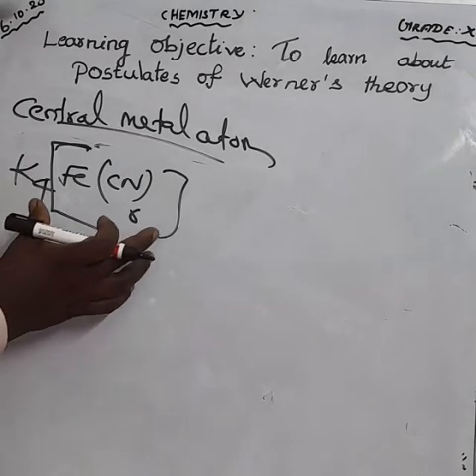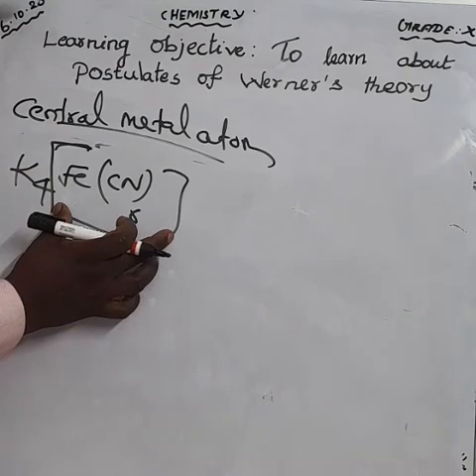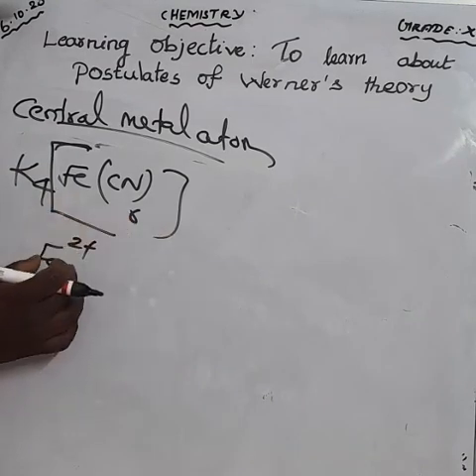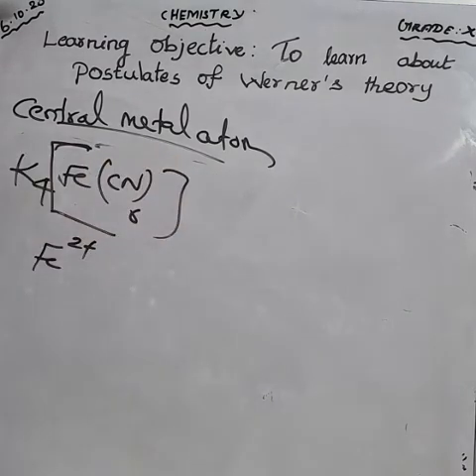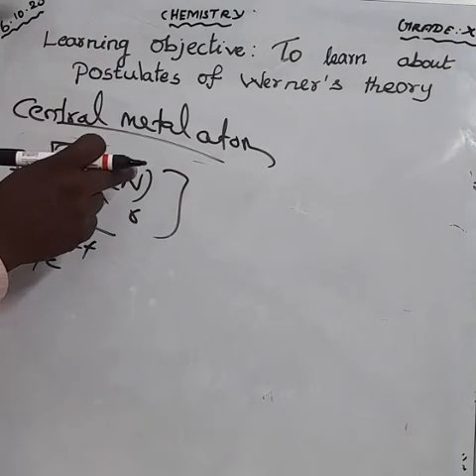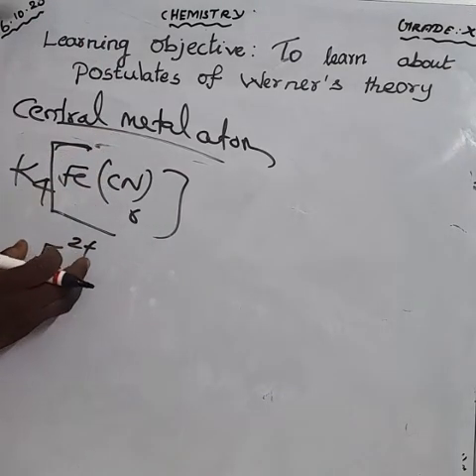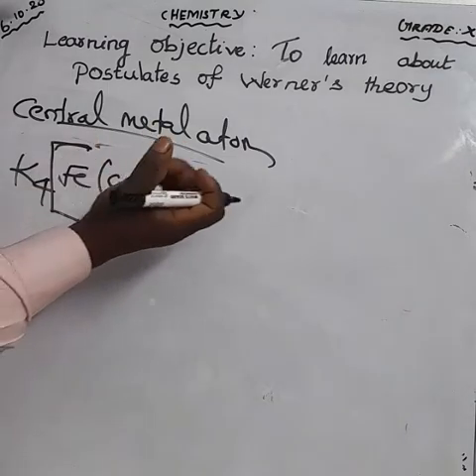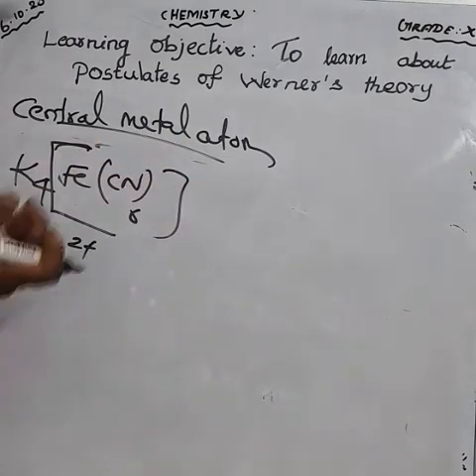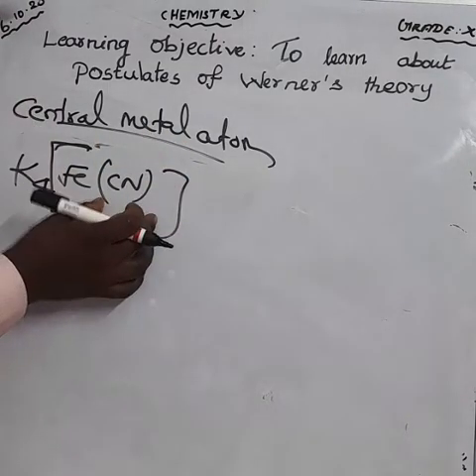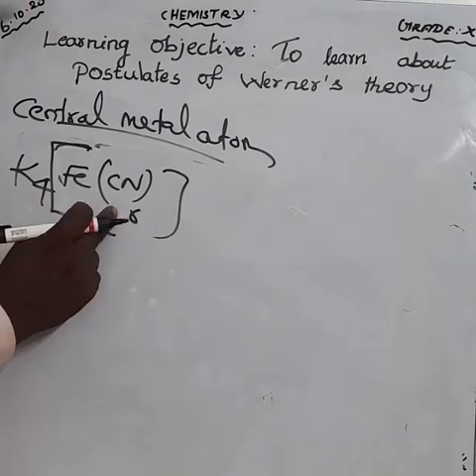Which one is the coordination entity? This is the coordination entity. Here the Fe2+ ion accepts an electron pair from each ligand. What does ligand mean? CN is the ligand.